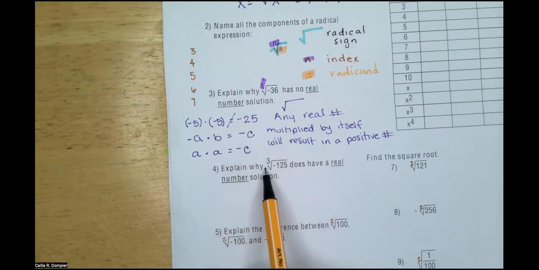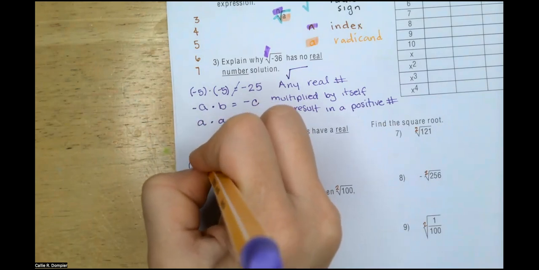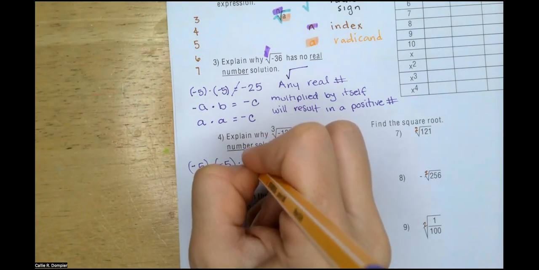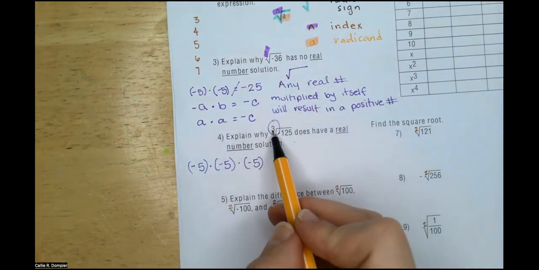But if we're taking the third root, we can have a negative number as a real number solution. This is possible. We have -5 times -5 times -5 because it's a cubed root, which means it's by itself 3 times.